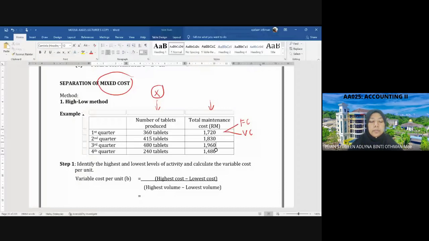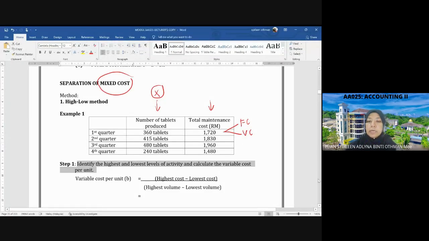Level of activity can refer to units produced, or kilograms, or meters, depending on the material that you are using for the production. So now I want to identify the highest and lowest level of activity and separate the total maintenance cost into variable and also fixed cost.